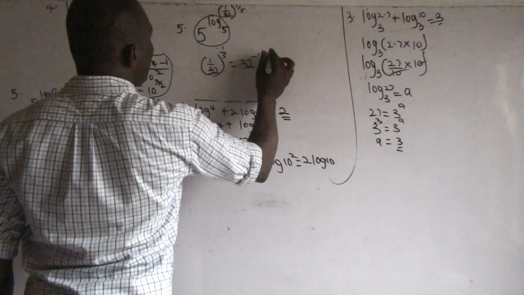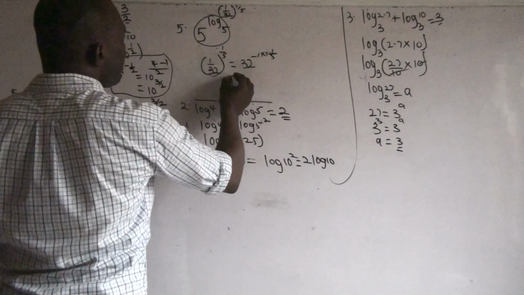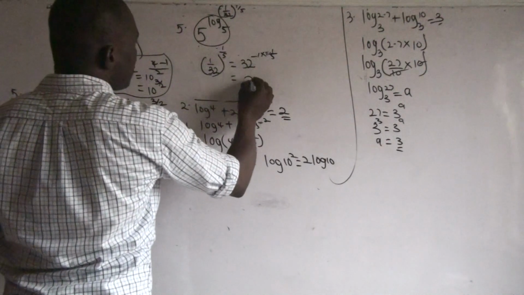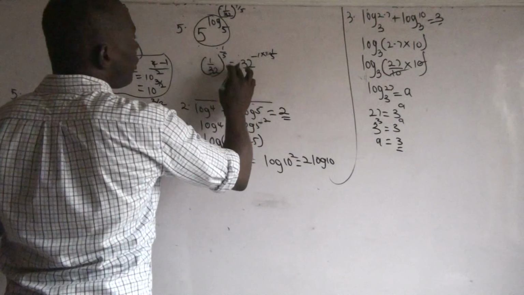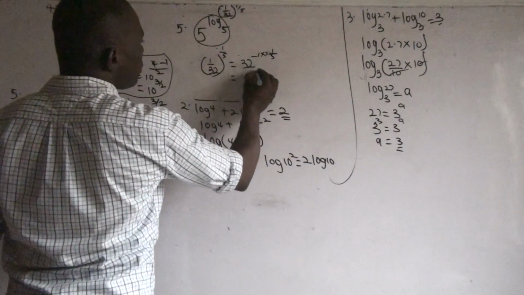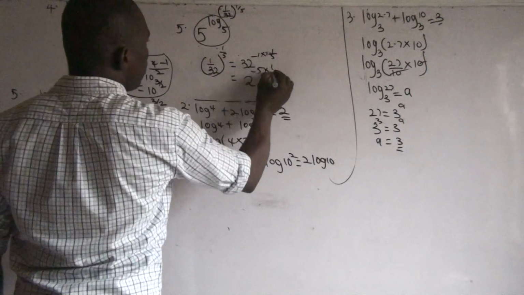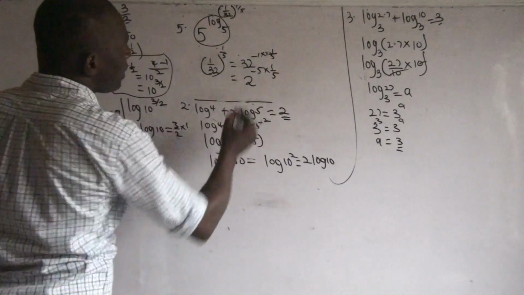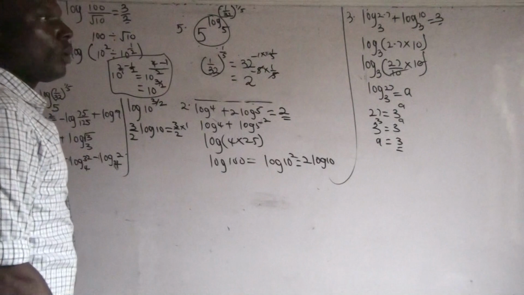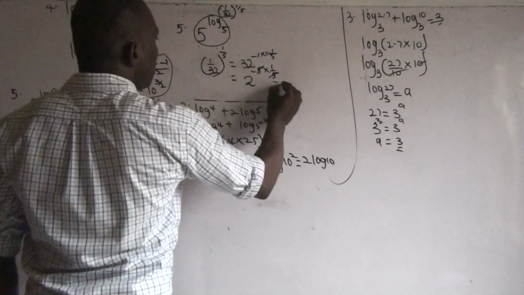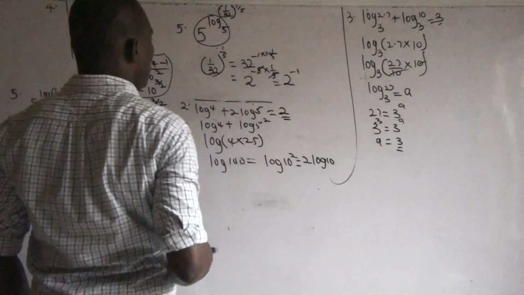1 over 5. Okay, here, this 32, you can express it as 2 raised to power 5, and there's minus here, 2 raised to power minus 5 times 1 over what? Over 5. So this will go with this, and we'll be left with 2 raised to power minus 1.